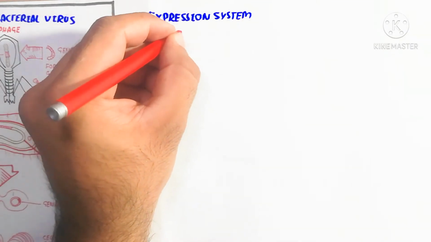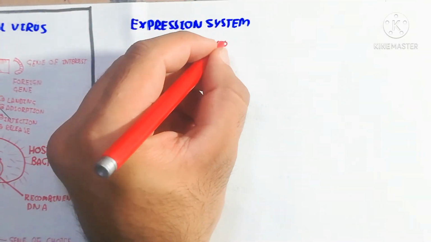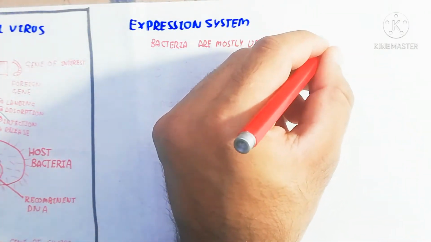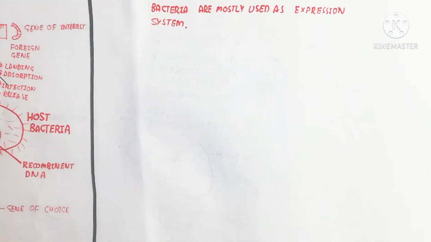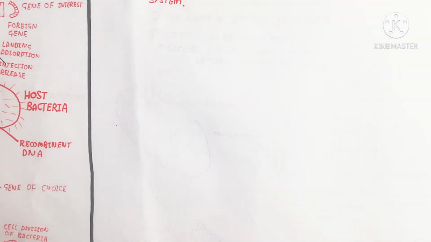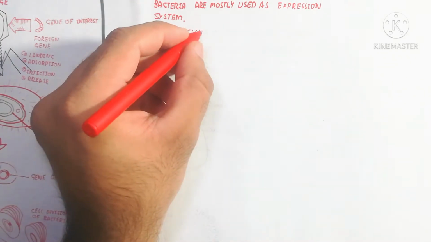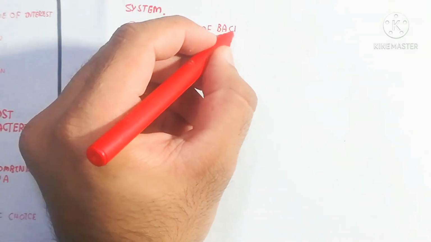So let's talk about the expression system. Expression system means expressing the gene, that is, the required gene is present in the chromosome, and how to express and obtain that gene is necessary. Bacteria are mostly used as an expression system.